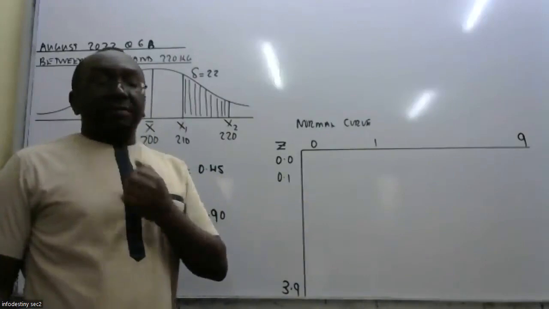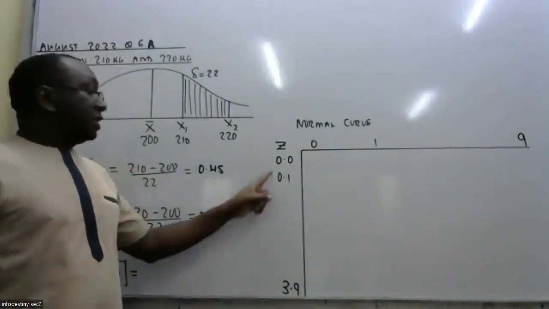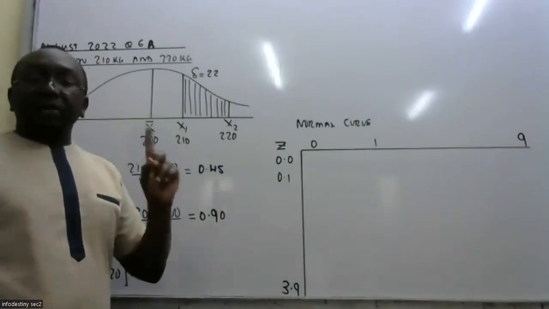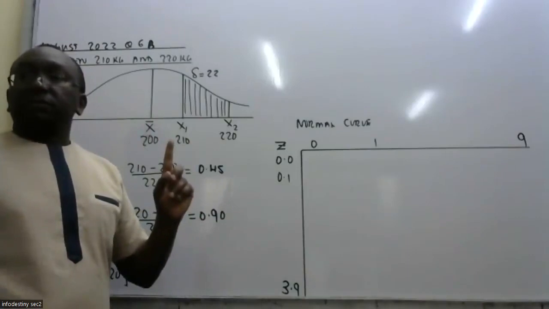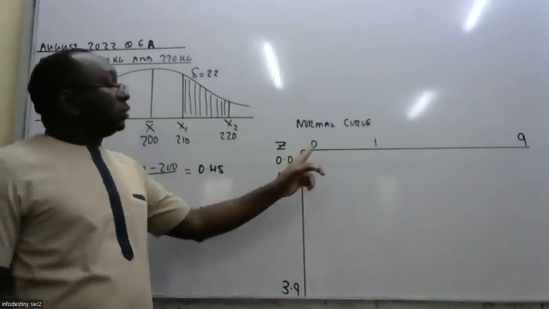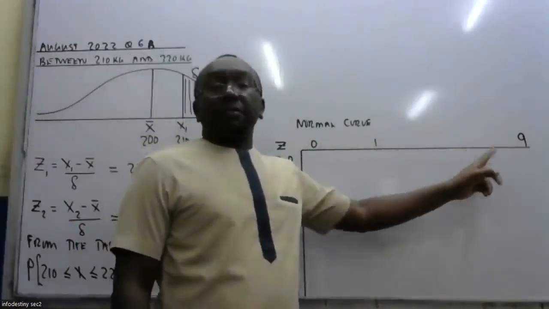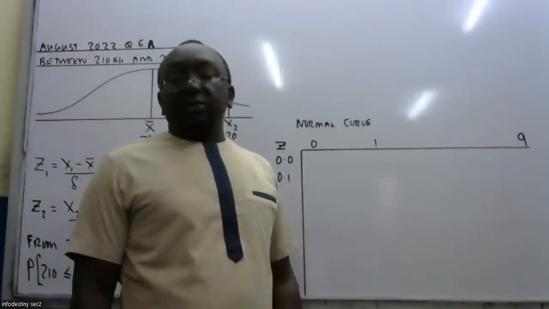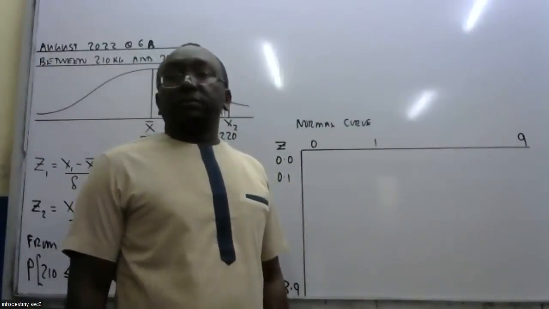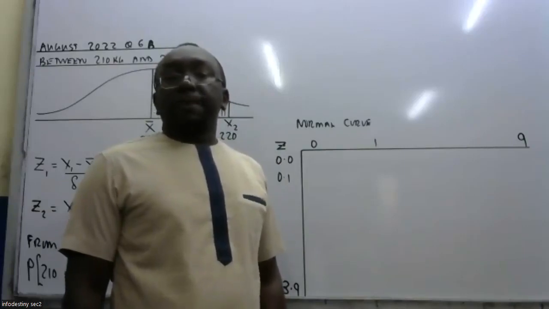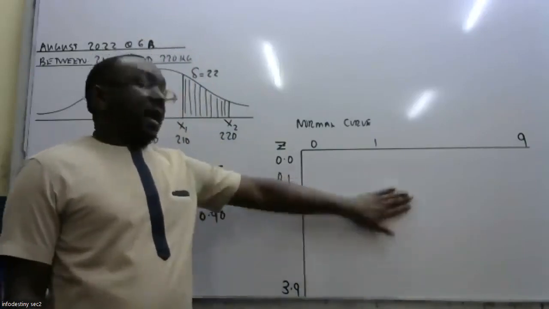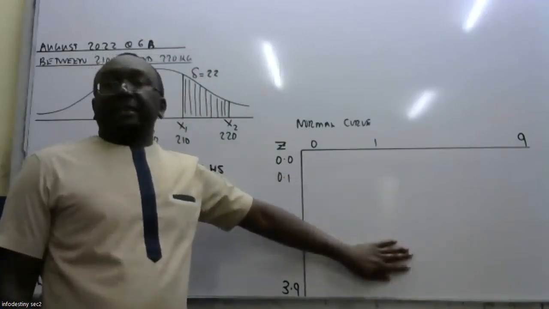4. Now, these are the meanings. These values that are in the headings of the rows are values of Z to 1 decimal. These ones that are in the titles of the columns are the second decimal value for Z. These ones that are inside here are the probabilities.